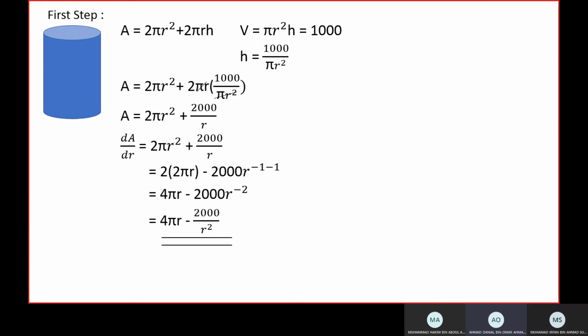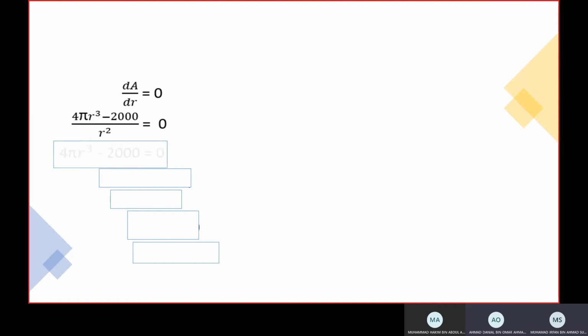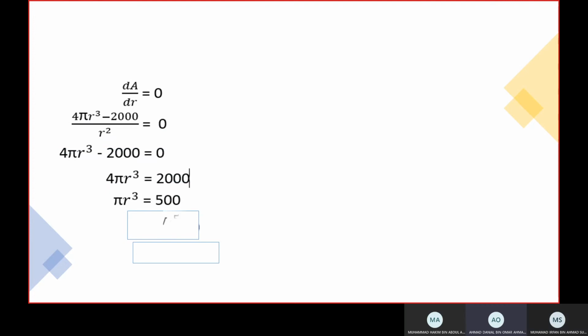For the next step, we have to set the first derivative equal to 0. So 4 pi r cubed minus 2000 over r squared. We simplify it and make the two terms have the same denominator, so you can simplify it easier.